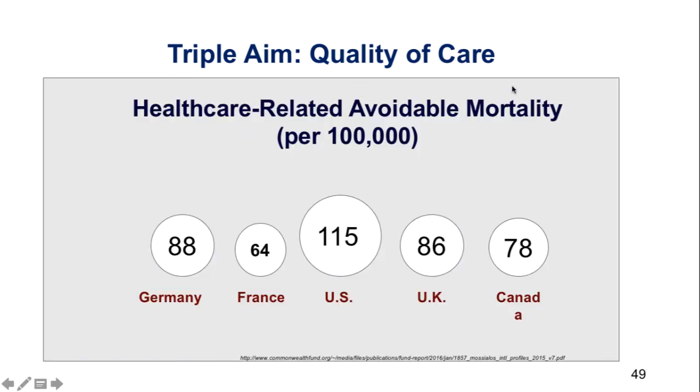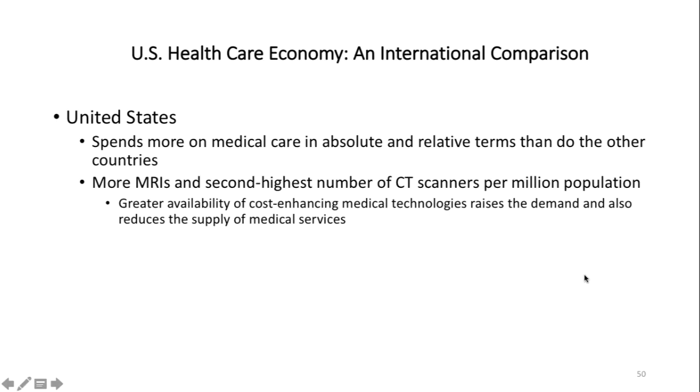In terms of quality of care, again, healthcare-related avoidable mortality per 100,000 in the United States is higher than in the other countries. The United States spends more on medical care in absolute and relative terms than the other countries. So where do we spend our money?